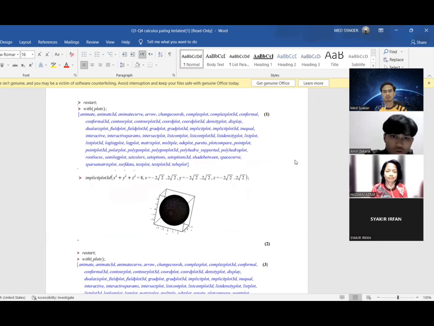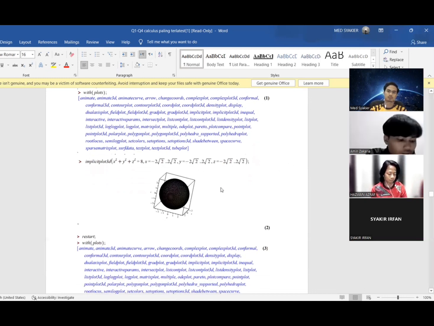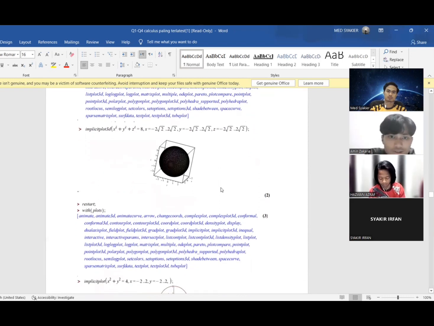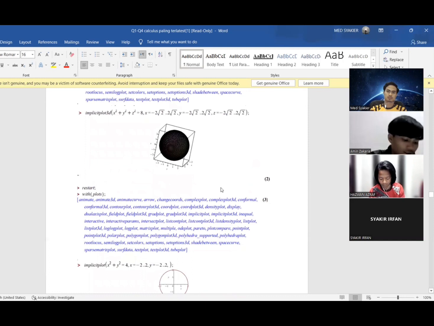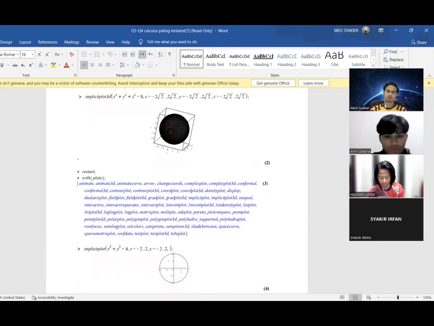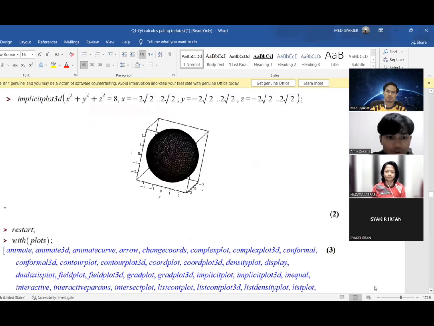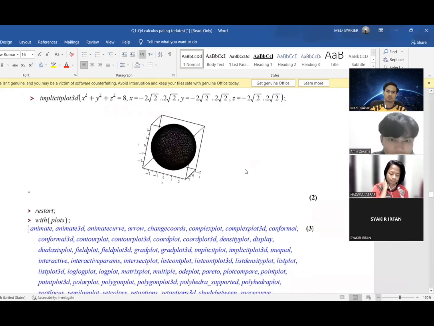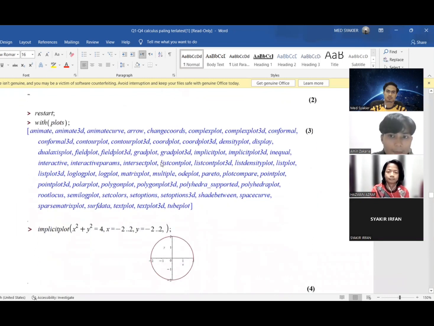So for this one, we need to find a curve. So just simply type implicit plot 3D, x squared plus y squared plus z squared minus 8, and x equal to their limit and y to their limit, also z to their limit. After you put all the values and type that, you will get that 3D graph, which means you will get the curve like I showed.